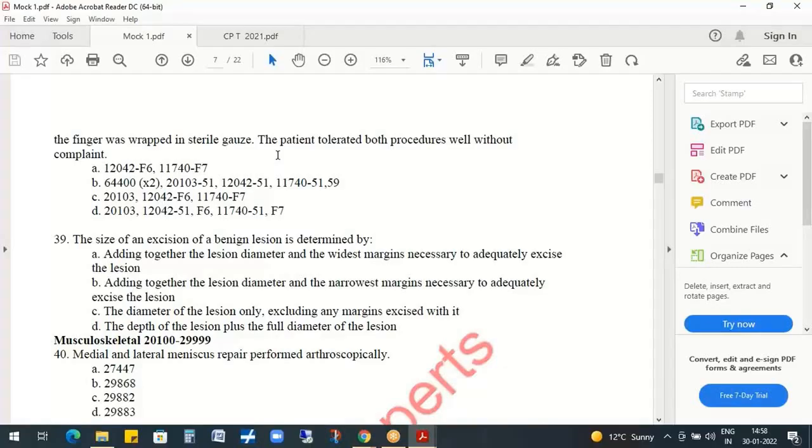If you see option A, adding together the lesion diameter and the widest margin. If the diameter is 3 by 4 centimeter, we take the highest diameter. If the margin is 2 by 1 centimeter, we take the narrowest margin, double it, and add it to the diameter. Highest diameter, narrowest margin. Keep in mind.